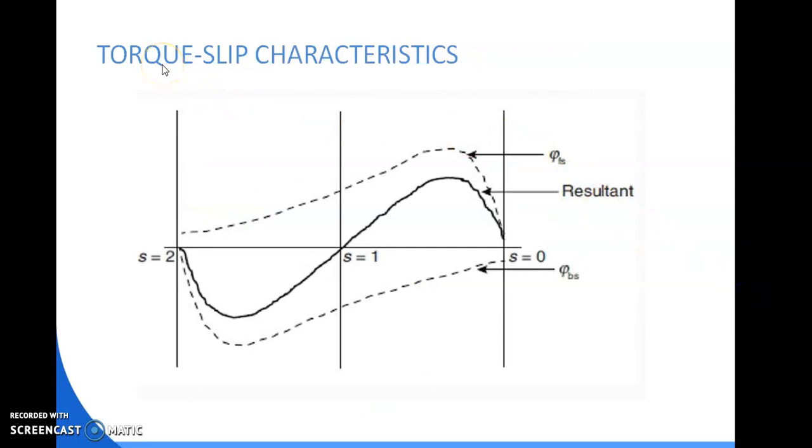Now we can see the torque slip characteristic. On this side we have taken the slip and on the x-axis we have taken the torque. We can see here this is the first flux phi Ts, this one is the second flux that is phi Bs, this is the resultant flux. Starting from s equal to 0, this is s equal to 1 and this is s equal to 2 condition.